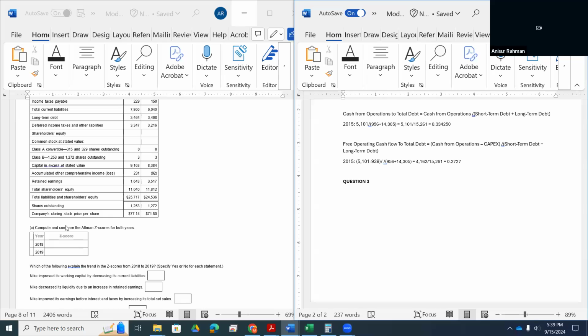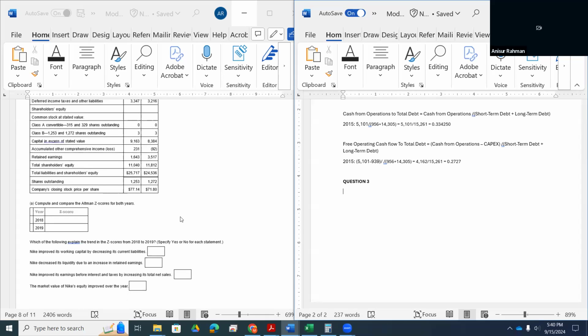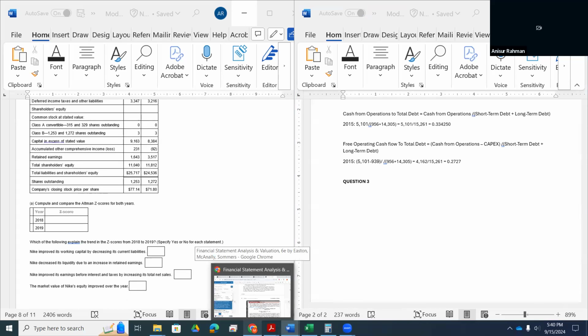So we have to compute and compare the Altman Z-score for both years. So what is the Altman Z-score? I have to show this from the book.